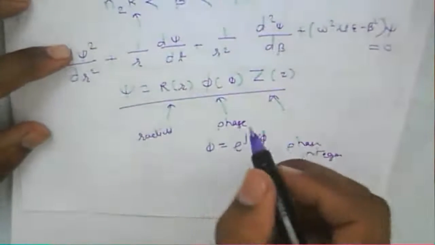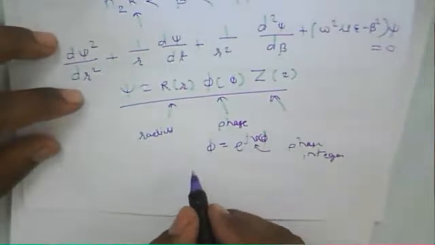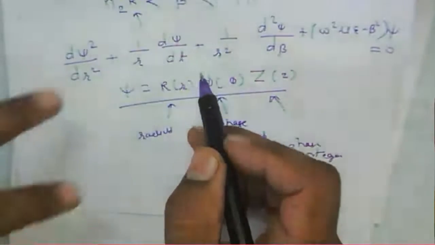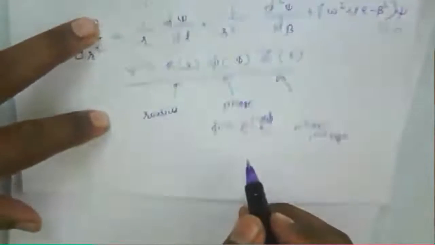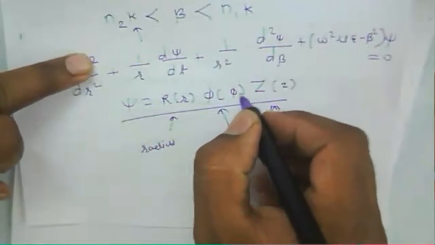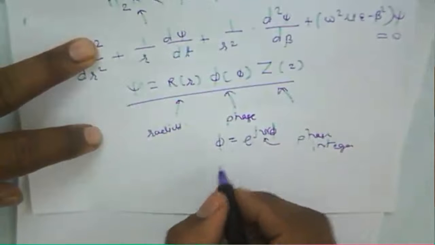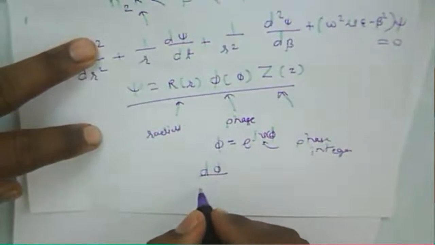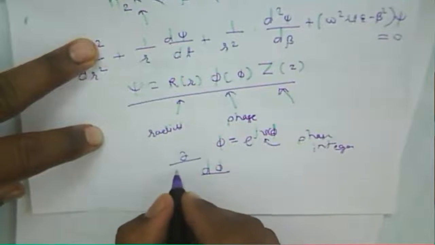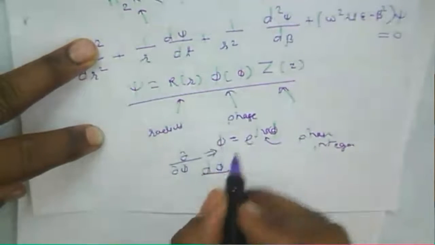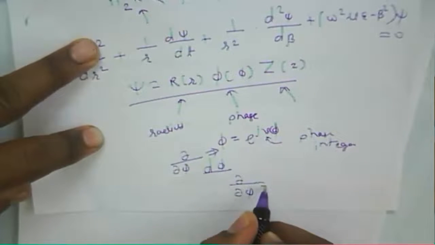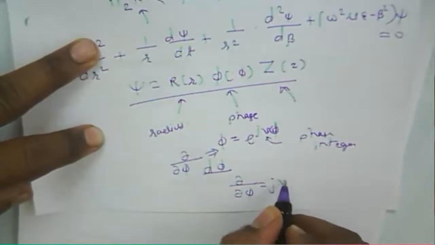In this particular equation, if you relate here, instead of dou by dou t, we say that with respect to dou phi, dou phi for this particular equation will be nothing but jv here.